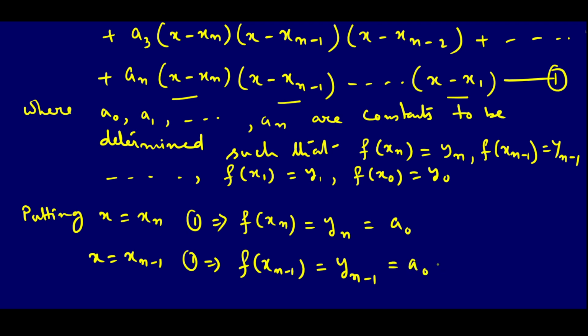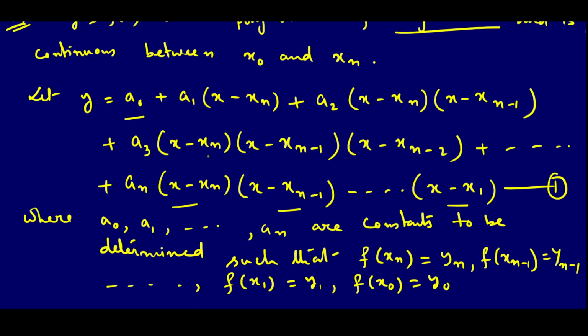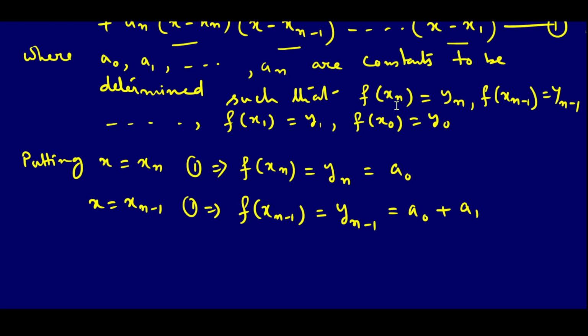The first term will remain the same, the second term is a1 into, now see, in this particular second term, if we put xn minus 1 in place of x, it will be xn minus 1 minus xn. So this implies yn minus 1 is equal to a0, and we just got a0 as yn.